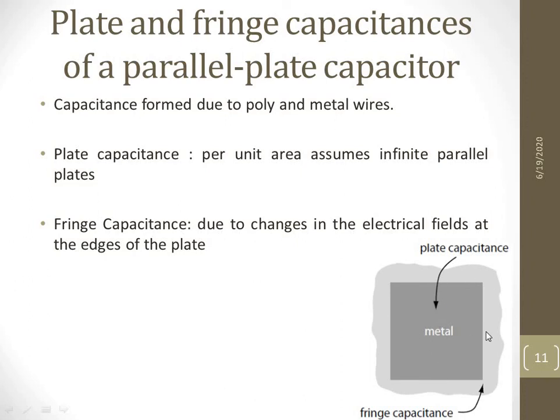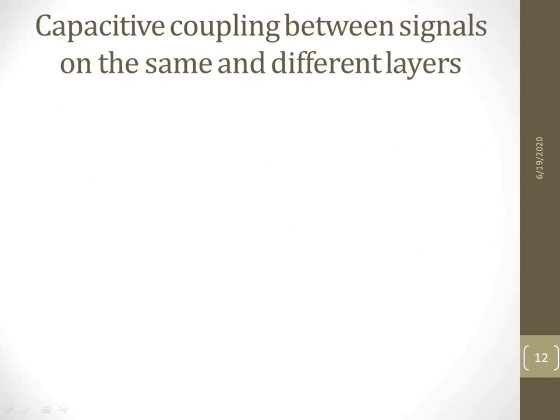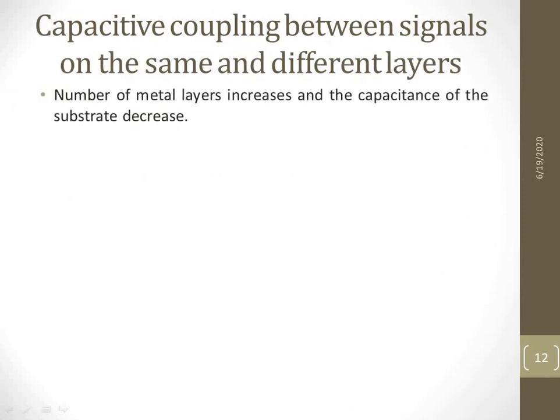The plate capacitance is on the metal plate, but at the edges the capacitance changes, as shown in the rough structure. That is called the fringe capacitance, because the electric field at the edges may vary. As the number of metal layers increases, the capacitance of the substrate decreases.